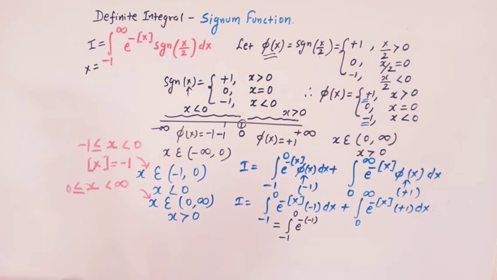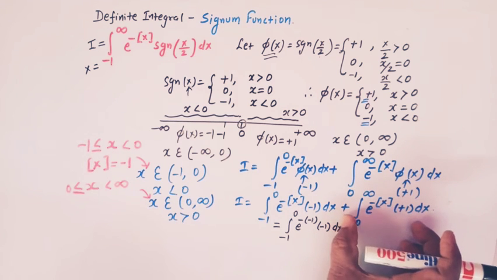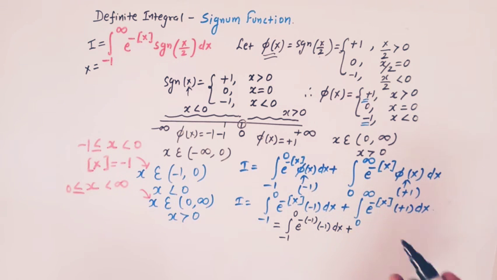This is due to the definition of greatest integer function, and here we have -1 dx, and now we have to split this integral into the sum of those integrals in which we have the integral points, right? So we'll split it in the next step.